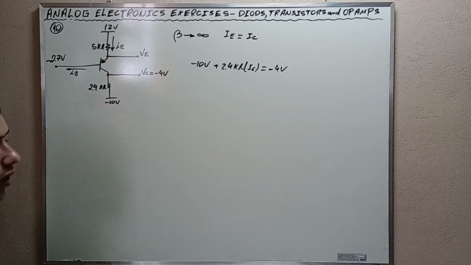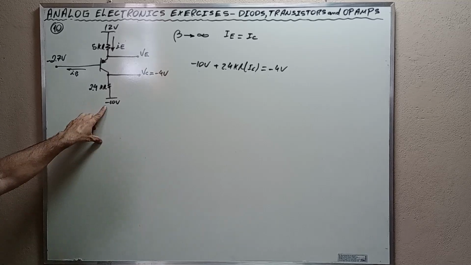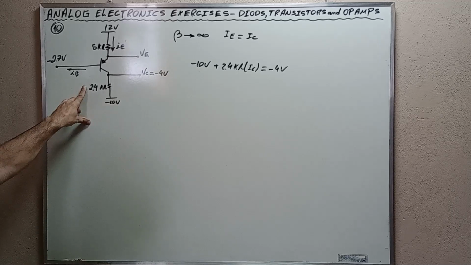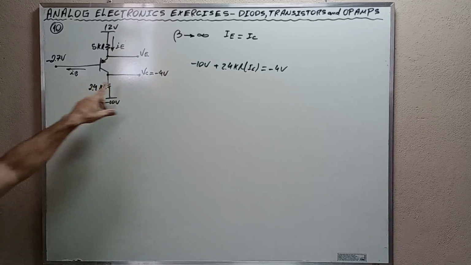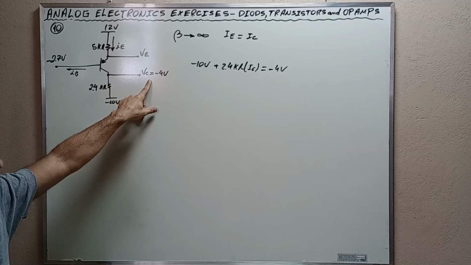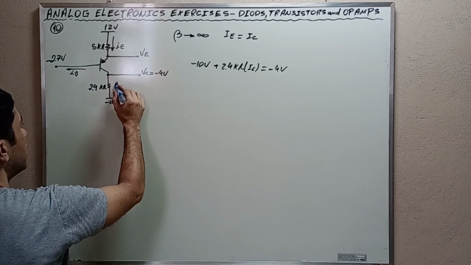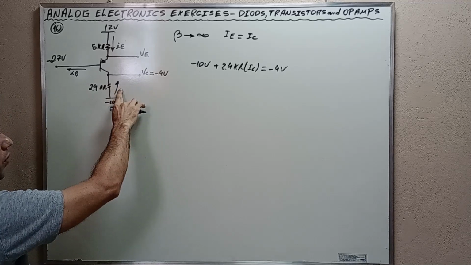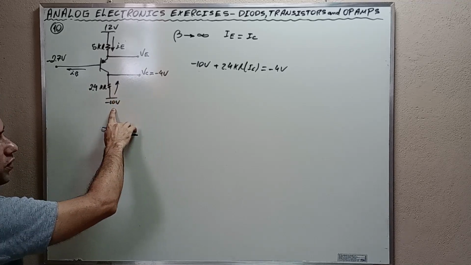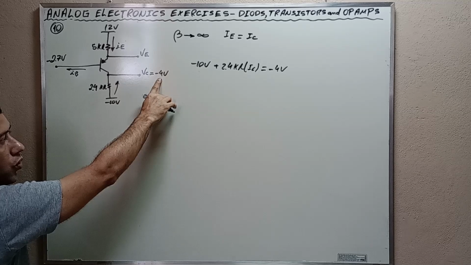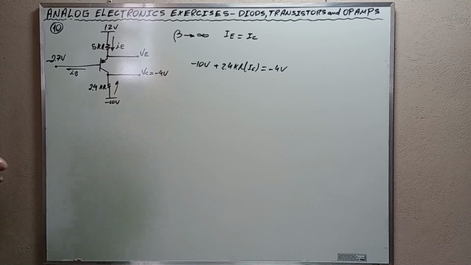Here it is not 24, it is 2.4, all right? And negative 10 volts plus this voltage drop has to be equal to this voltage here, okay? We have a voltage drop here. This voltage drop here plus the voltage of this source has to be equal to negative 4 volts.